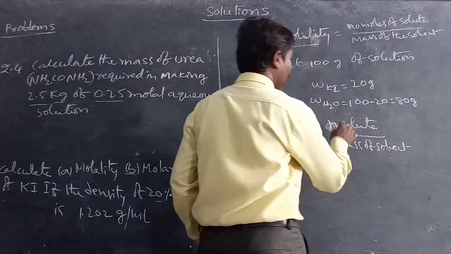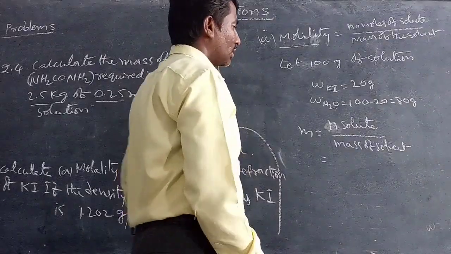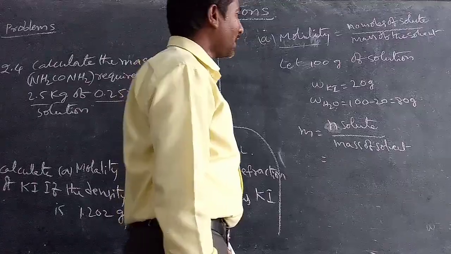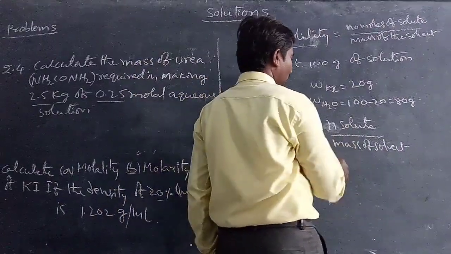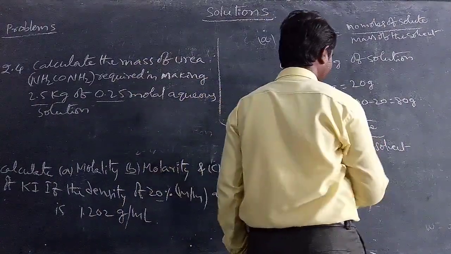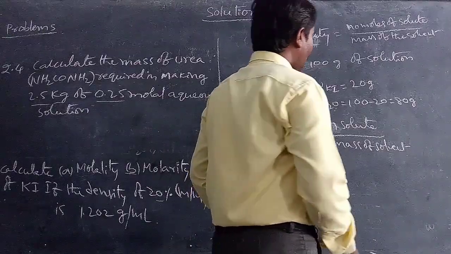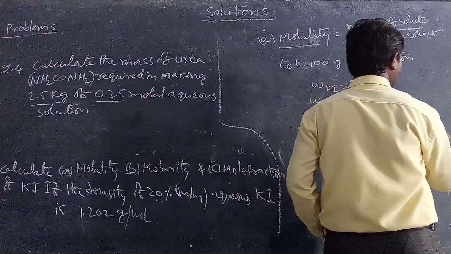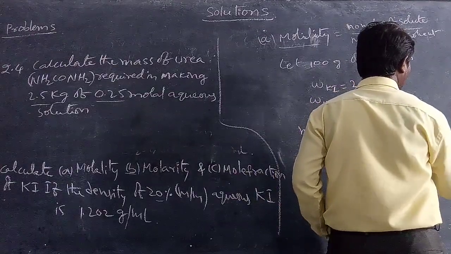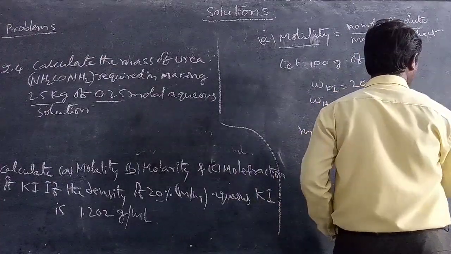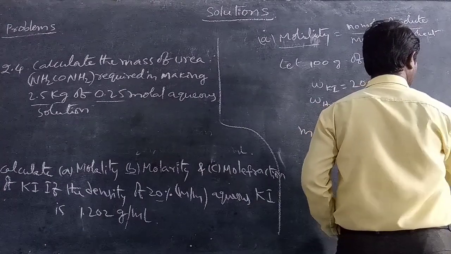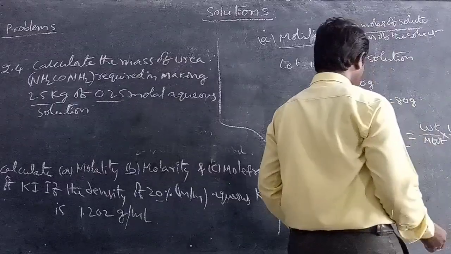So the number of moles of solute means weight by molecular weight. Here it is weight by molecular weight into 1000 by the mass of the solvent in grams.